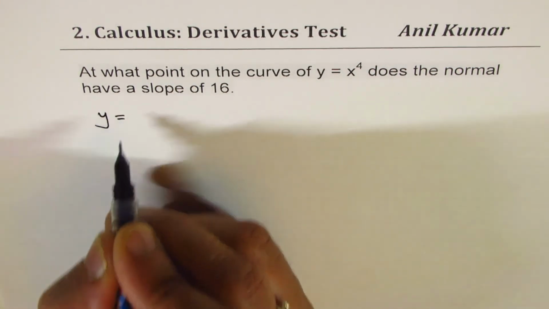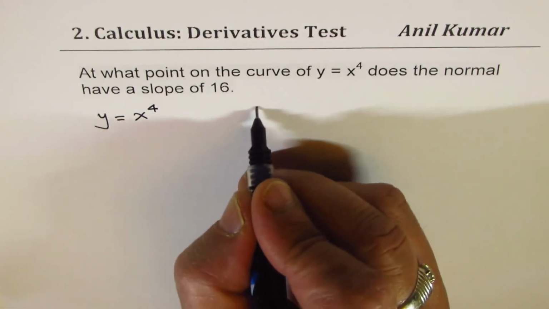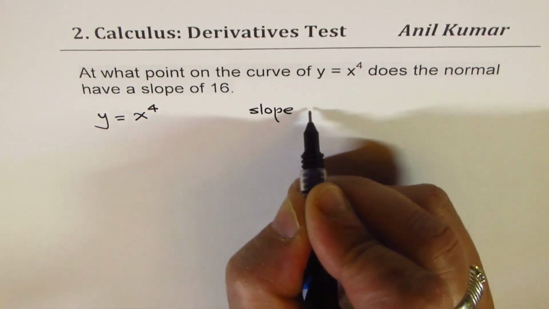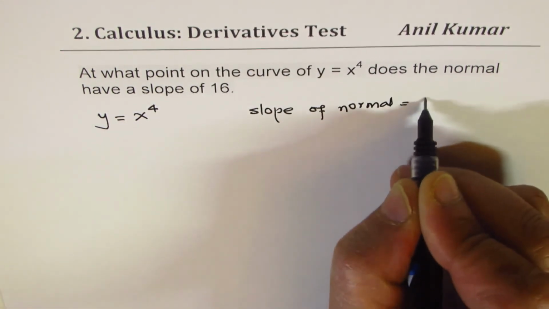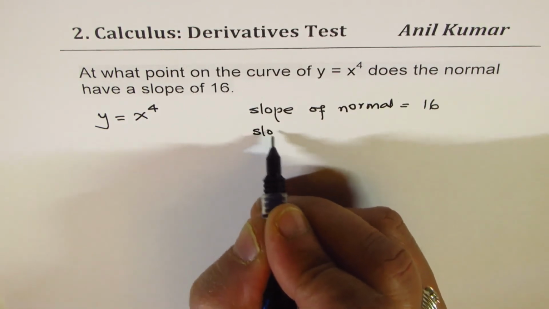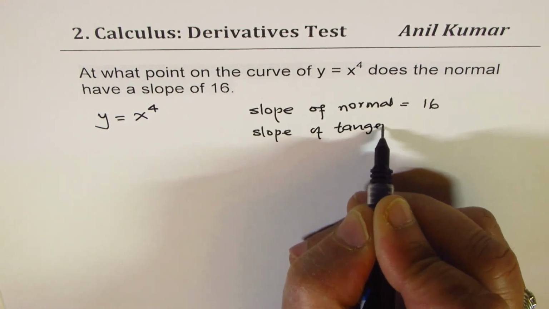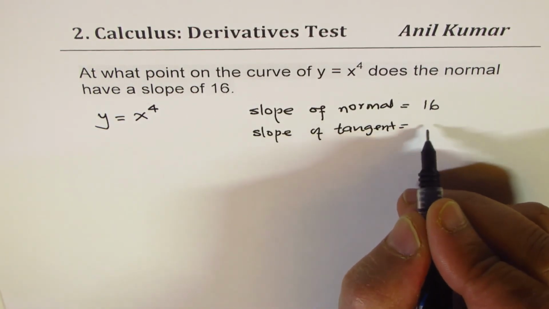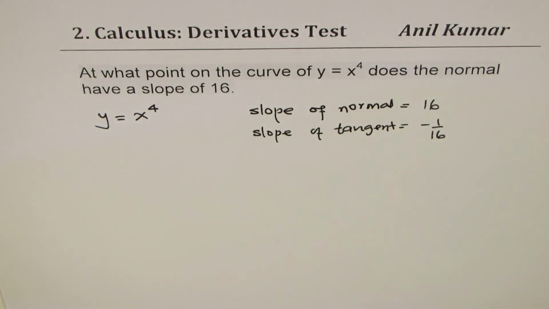So we are given the curve y equals x to the power of 4, and we are also given the slope of the normal, which equals 16. So what is the slope of the tangent? It should be the negative reciprocal, right? So it is minus 1 over 16. That is important to work out.